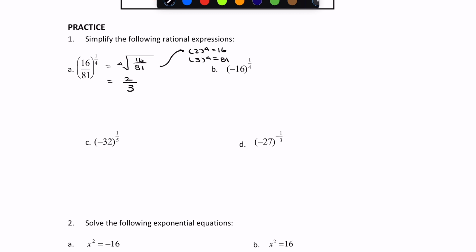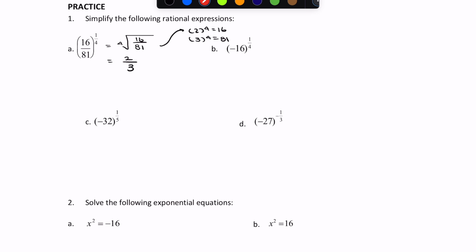Again, remember the root applies to both the 16 and the 81. Another way we can think about this is if we rewrite it as 2 to the power 4, to the power of 1 over 4, over 3 to the power of 4, to the power of 1 over 4.